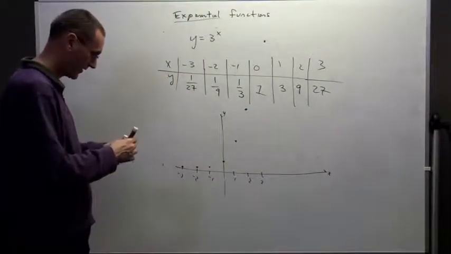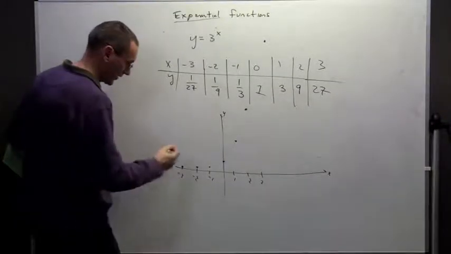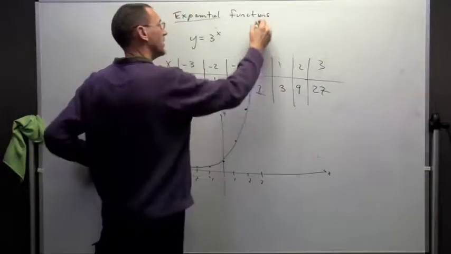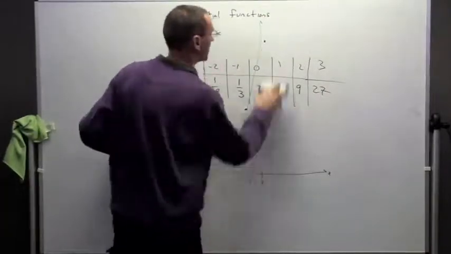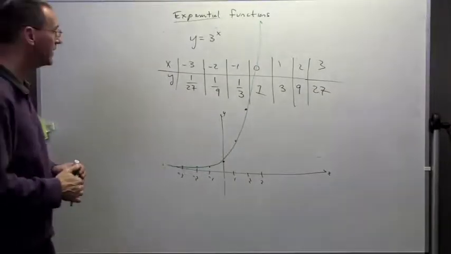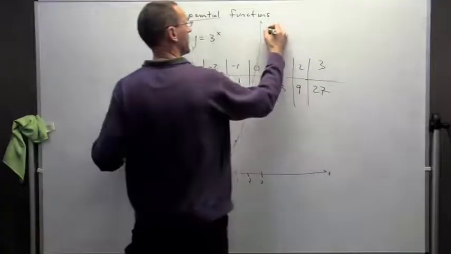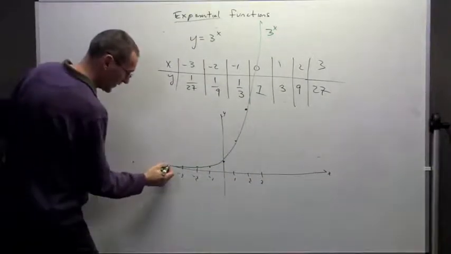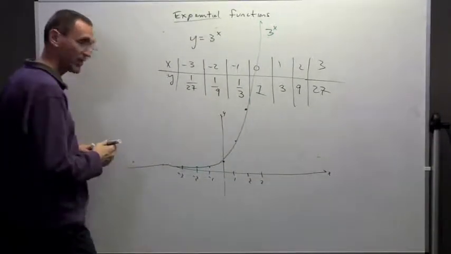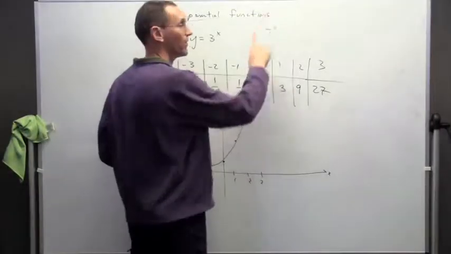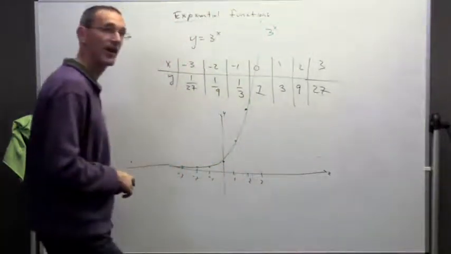Okay, so if I graph this thing, what's going on? I get something like that. Okay, so this is 3 to the x. So now what's happening? This thing, as I come out to here, is getting closer and closer and closer to 0. As I go that way, this thing grows very fast.